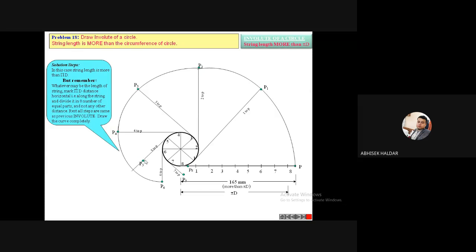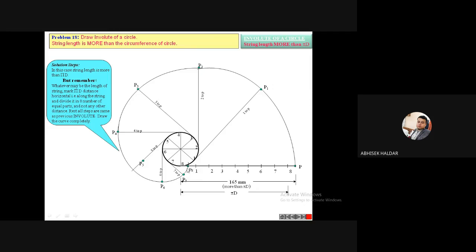This P5 point is coming out wrong over here, just ignore that point. P5 will be this point, then P6, P7, and you see where it is ending. That is the main difference between these cases, it ends at P8, because I cannot join at this 8 point. I have to join with this P8.